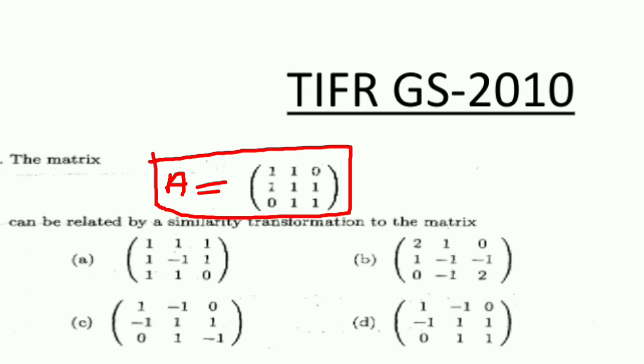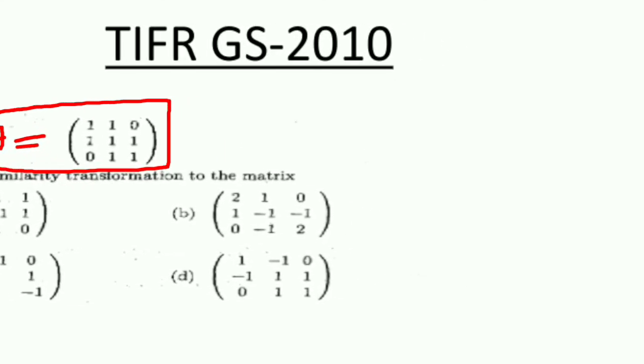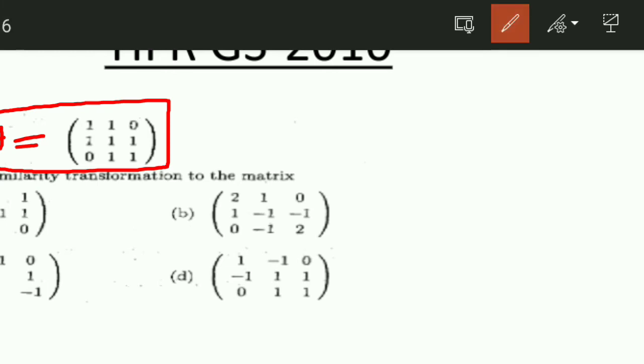So first of all, let us see what similarity transformations are. Suppose we have two matrices, one is matrix D and the other is matrix M. These D and M matrices can be connected through this relation.